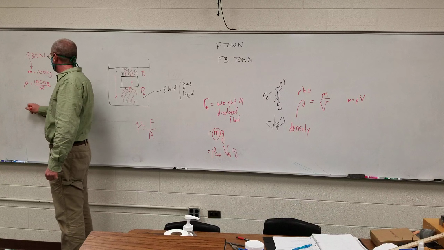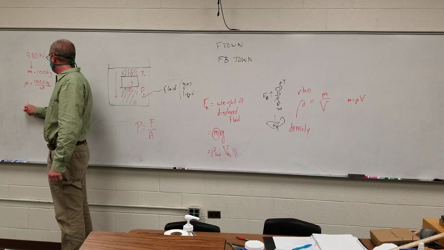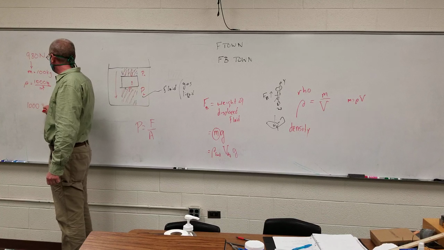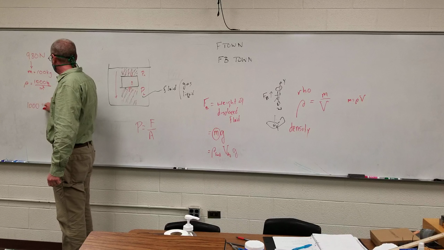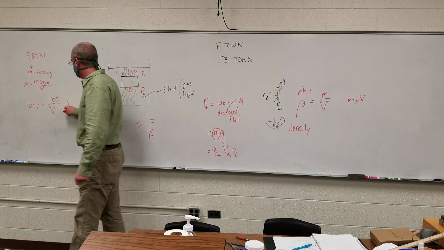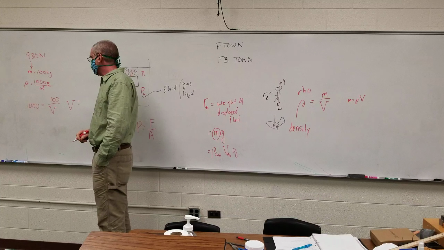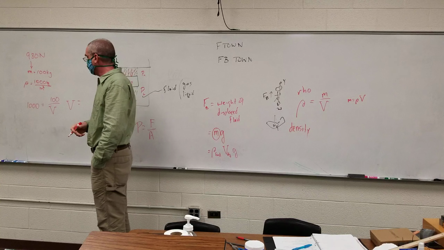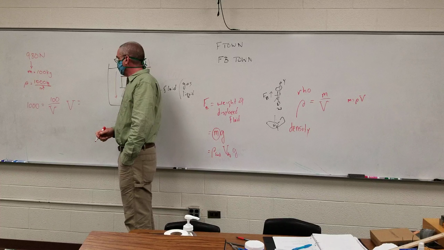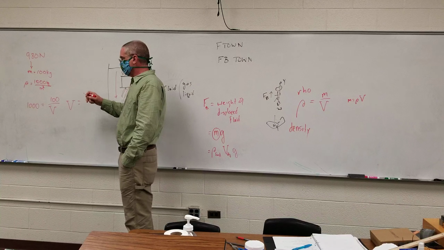And so my volume, so I have 1,000 is equal to 100 over my volume. A little bit of spoiler for something I generally do later, but. What is my volume?